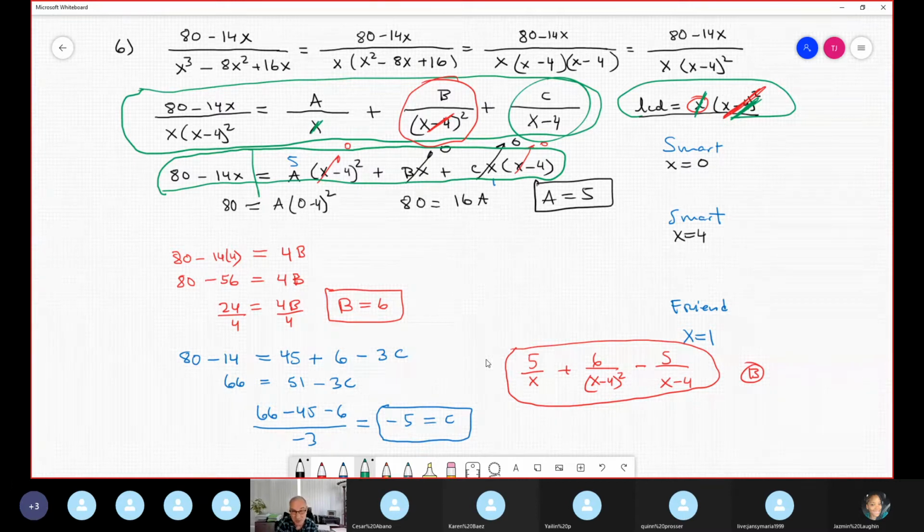The rest is more interesting because you need to use the smart value. Remember, the smart value is the value when you substitute in this equation, after the multiplication, at least one term disappears. It's zero. This is the smart. And when you have no more smart, you take an arbitrary value, called frame. Okay, and little by little you try to find the coefficients.